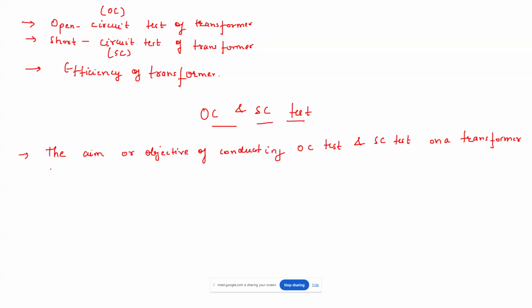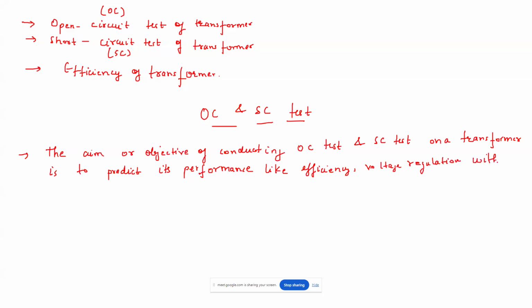is to predict its performance, like efficiency, voltage regulation, all sorts of things, without actually loading the transformer.